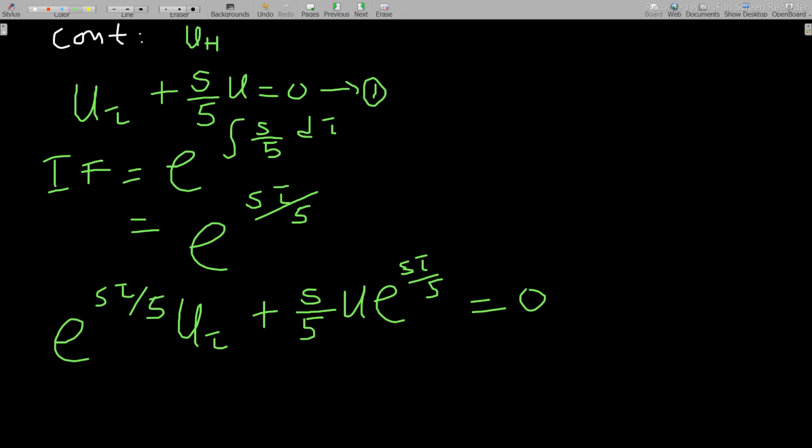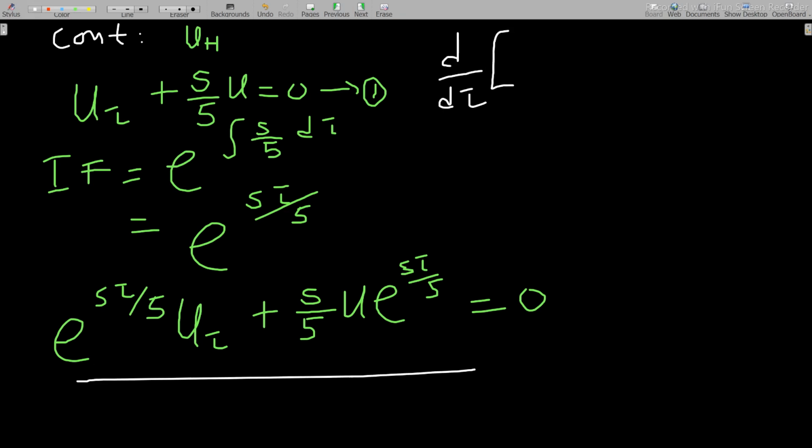This whole equation is as if you are differentiating e to the s tau over 5 times u with respect to tau.